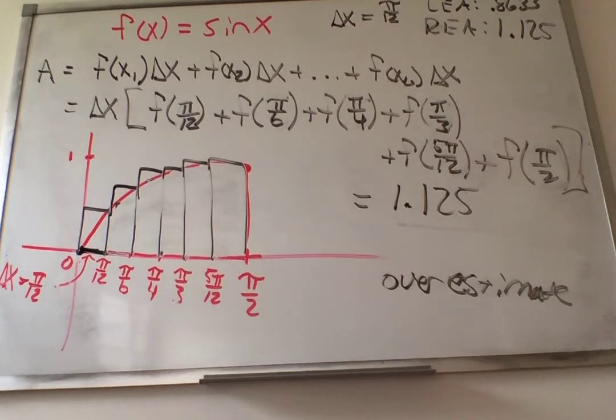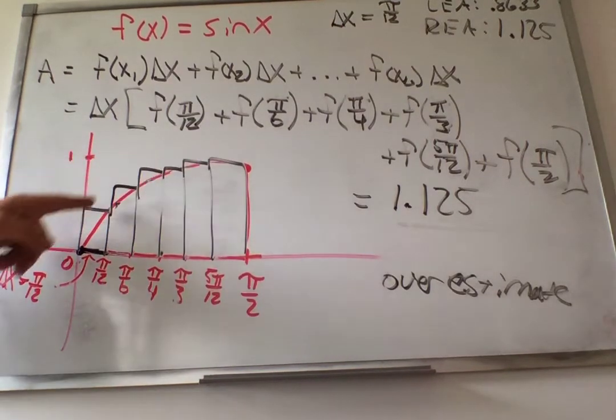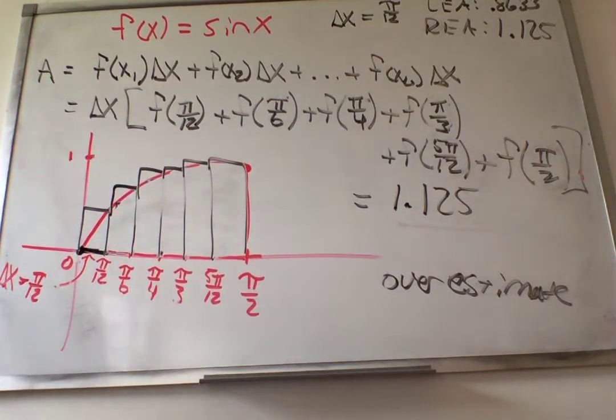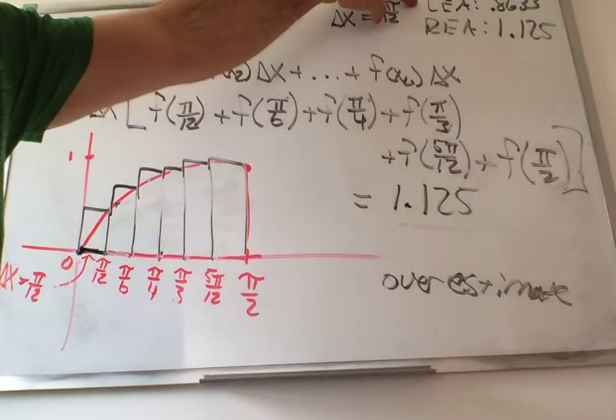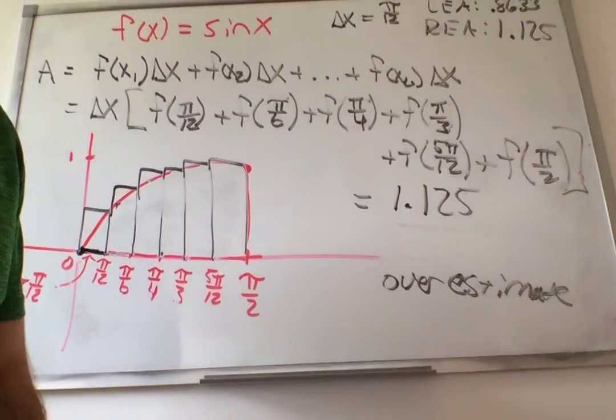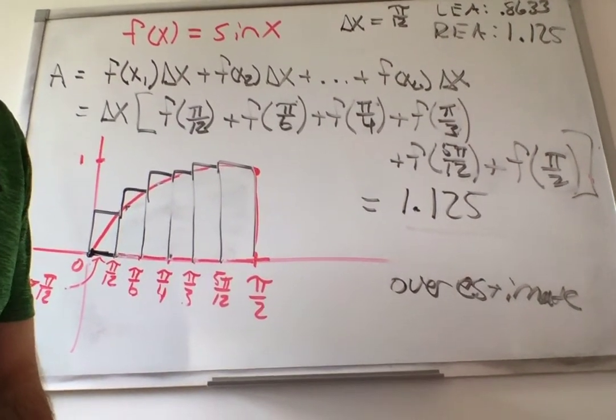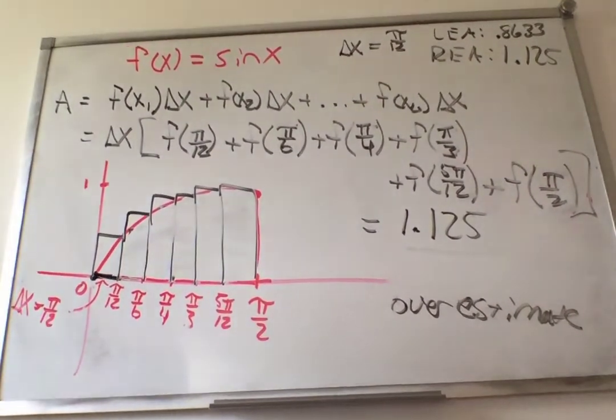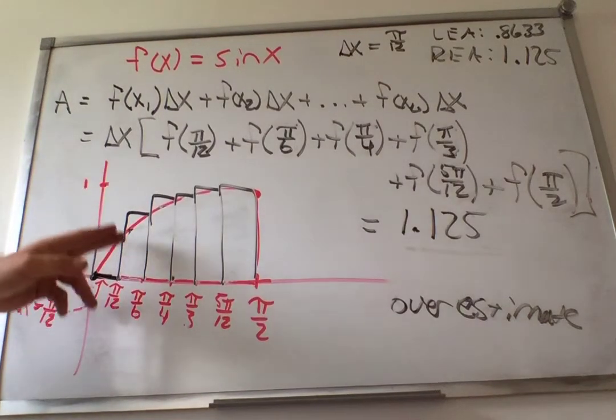So we've gotten a lower bound for the area and an upper bound for the area. The area underneath this curve should be no less than 0.8633 and no more than 1.125. Okay? That's if we were able to find the actual area.